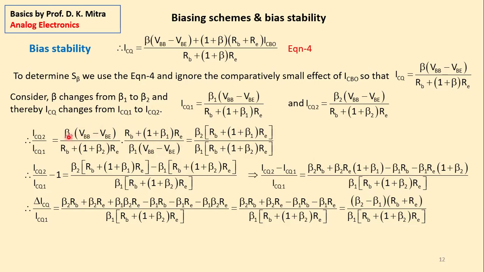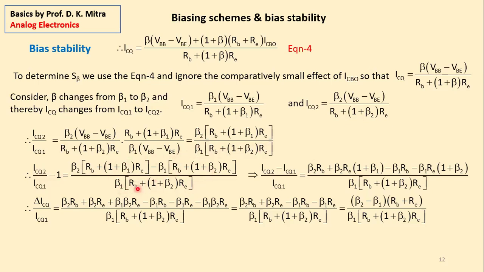So this becomes beta 2 into RB plus this thing, and here it becomes beta 1 multiplied by RB plus this thing. On the left hand side, we have ICQ2 divided by ICQ1 minus 1. So on the right hand side also we do minus 1.